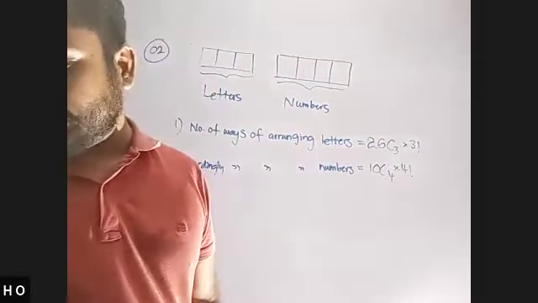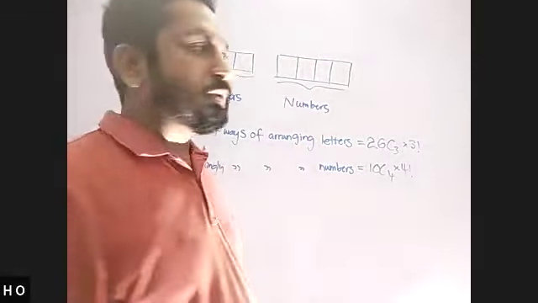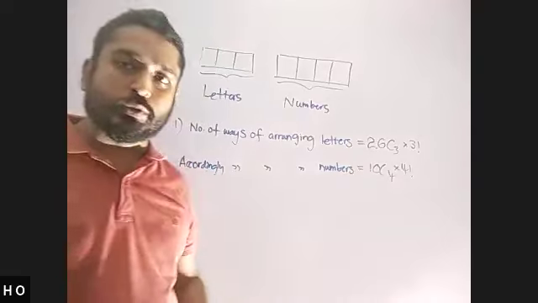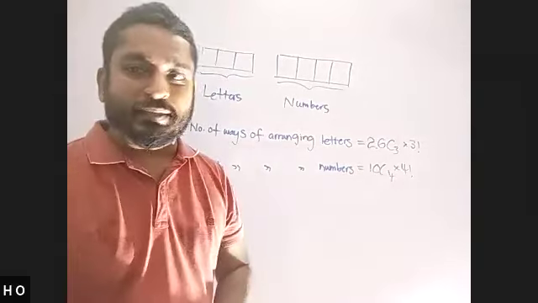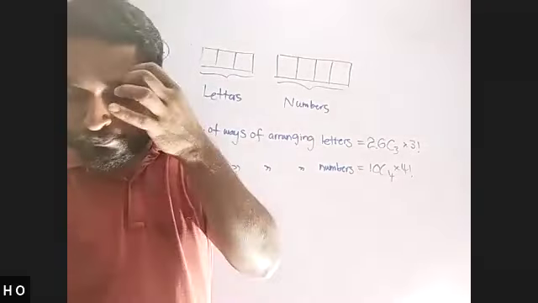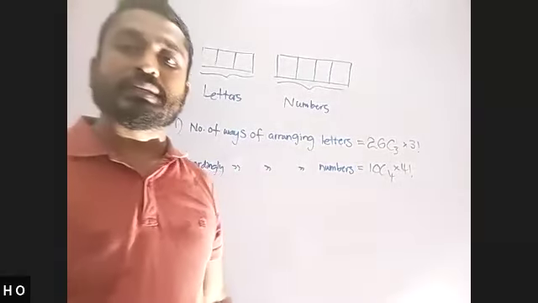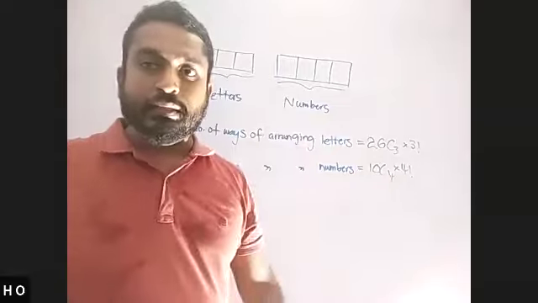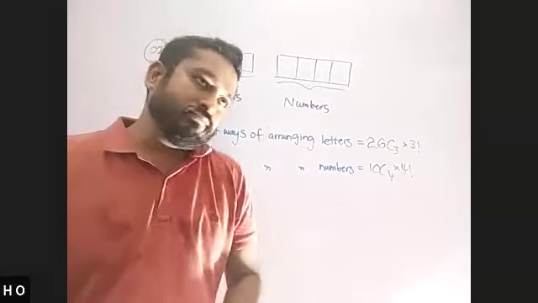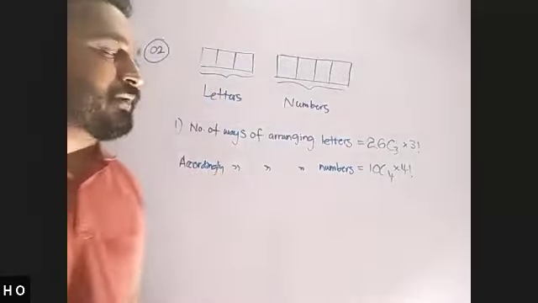Right. As I have told you, you can also use the blank filling method. But when you have no repetition, you can even use the normal way. With repetition, I recommend the blank filling method.